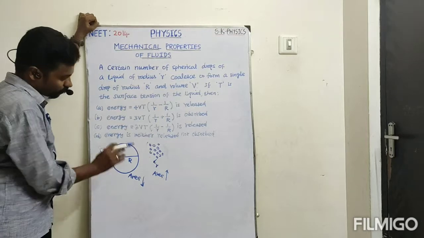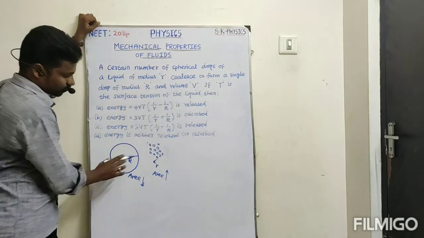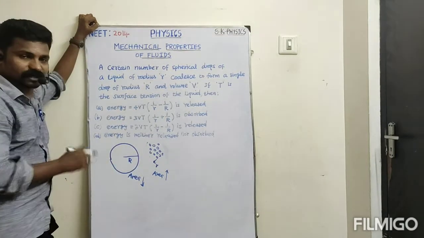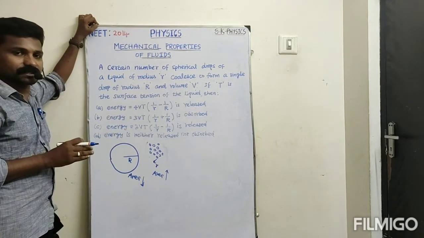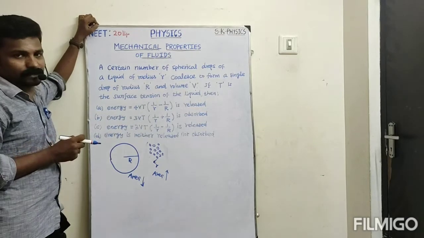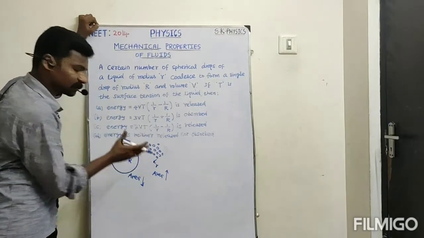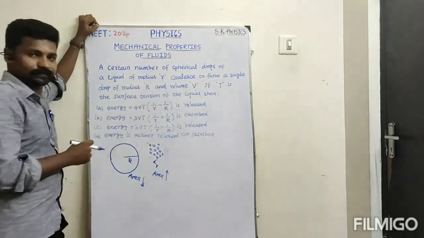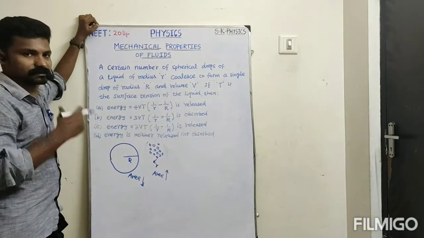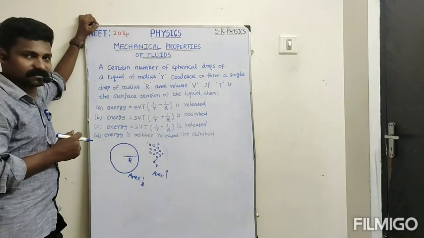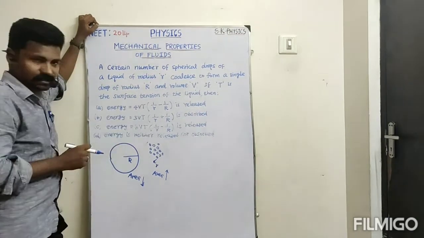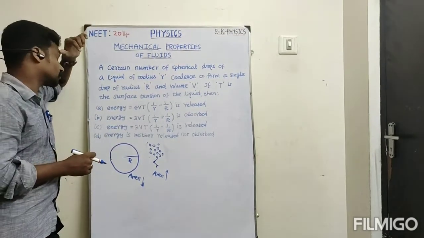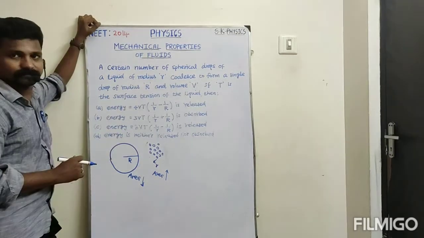So here area is increasing, surface area is increasing, but we know surface tension tries to minimize the area. So here work is done opposite to the surface tension. So in this case we have to apply energy to the system. So this is like an absorption process.